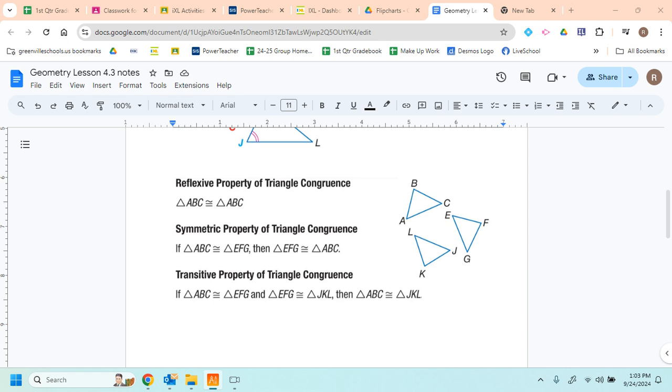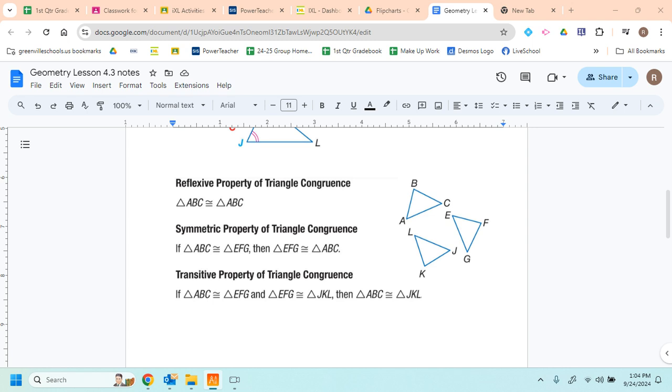So now we can say 2x minus y is equal to 24. We also know that y is 48, so that gives us 2x minus 48 is equal to 24.